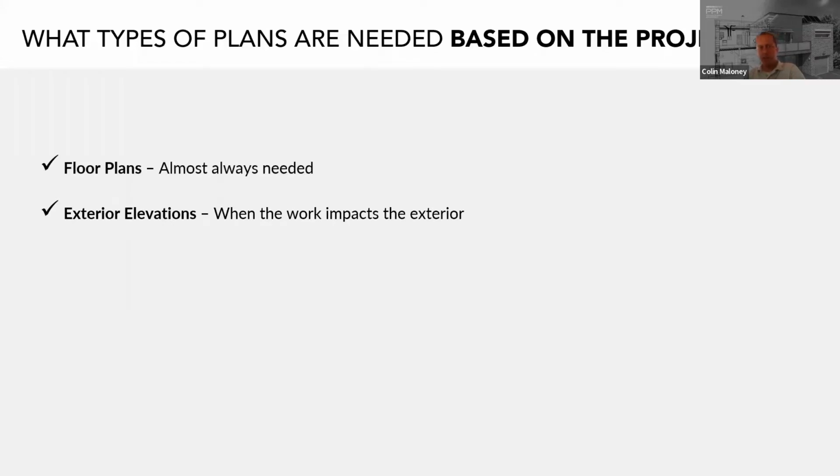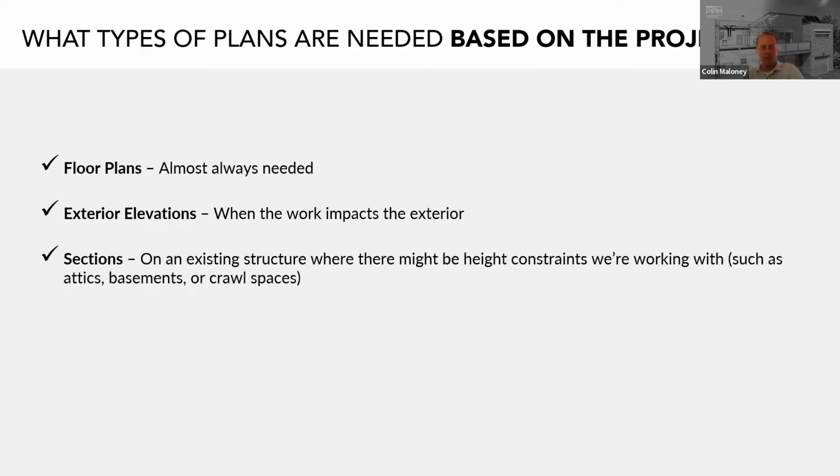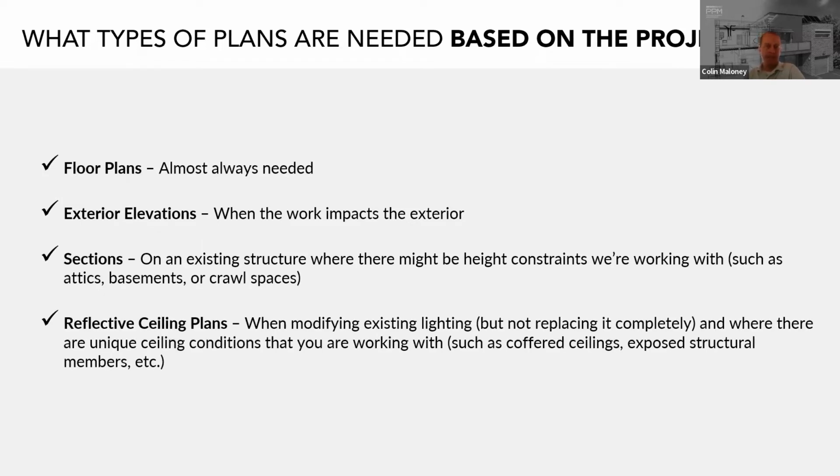You may need floor plans almost always, exterior elevations when it impacts the exterior, sections on an existing structure where there may be height constraints you're working with, such as attics, basements, or crawl spaces, reflected ceiling plans when you're modifying the lighting but not replacing it completely, and where there are unique ceiling conditions that you're working with, such as coffered ceilings, exposed structural members, etc.